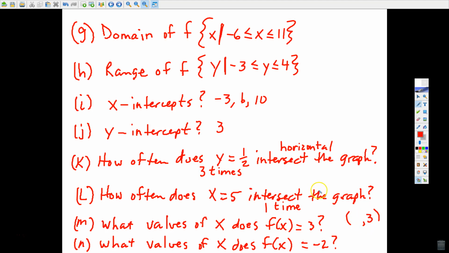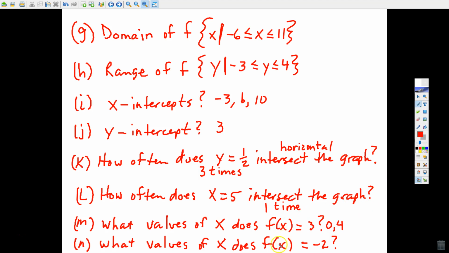One of them is pretty obvious, it's right there on the y-axis. 0, 3 is one of our answers, since we're just looking for the x coordinate. And then if you look straight to the right, you'll see another point that has a y coordinate of 3. It's the point 4, 3. So your two answers here are the numbers 0 and 4.